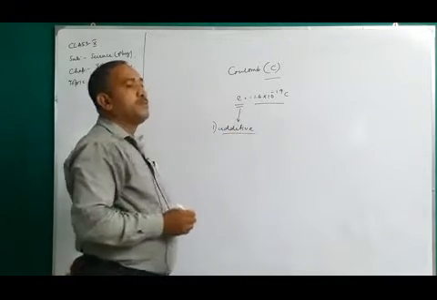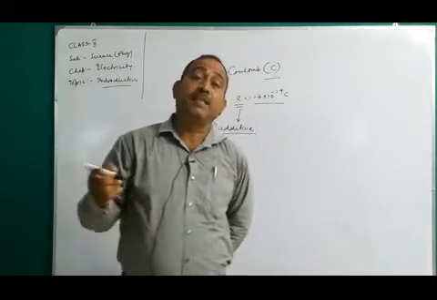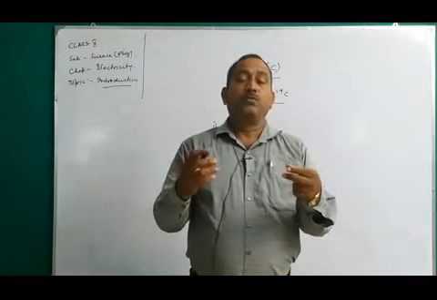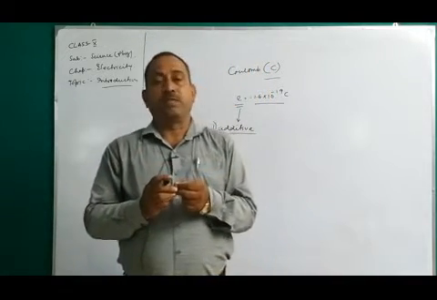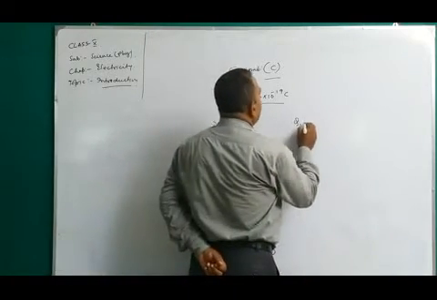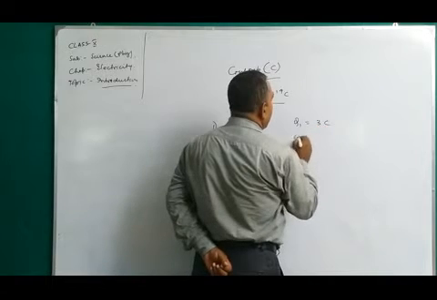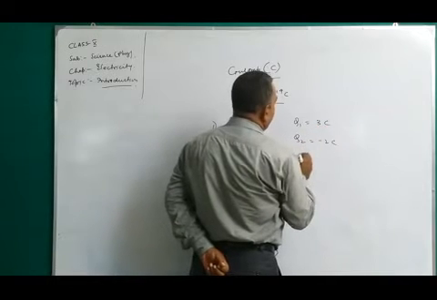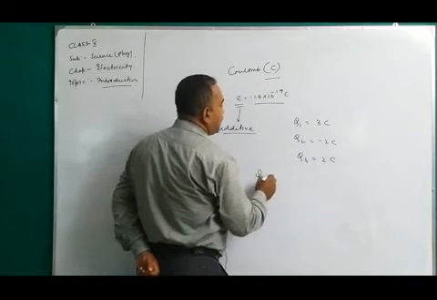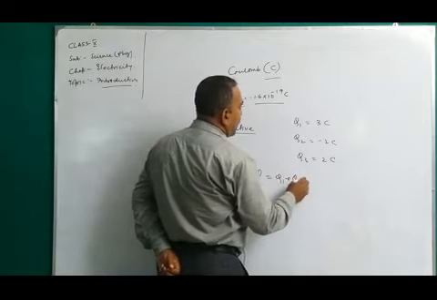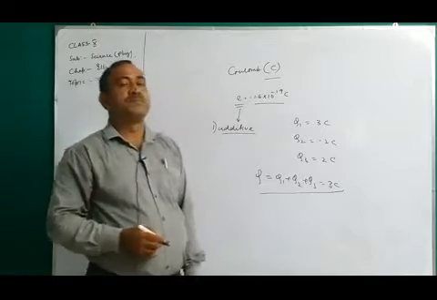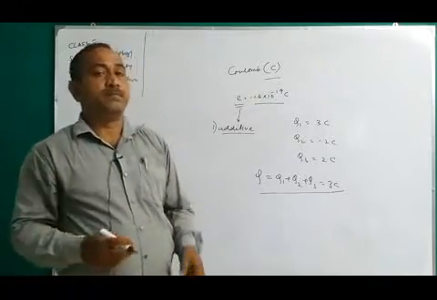Additive nature means charge is a scalar quantity, so we add charges in the arithmetic process. If you consider Q1 equal to 3 coulomb, Q2 equal to minus 2 coulomb and Q3 equal to 2 coulomb, what will be the total charge? Q1 plus Q2 plus Q3 is equal to 3 coulomb. Am I clear? So that is additive nature.